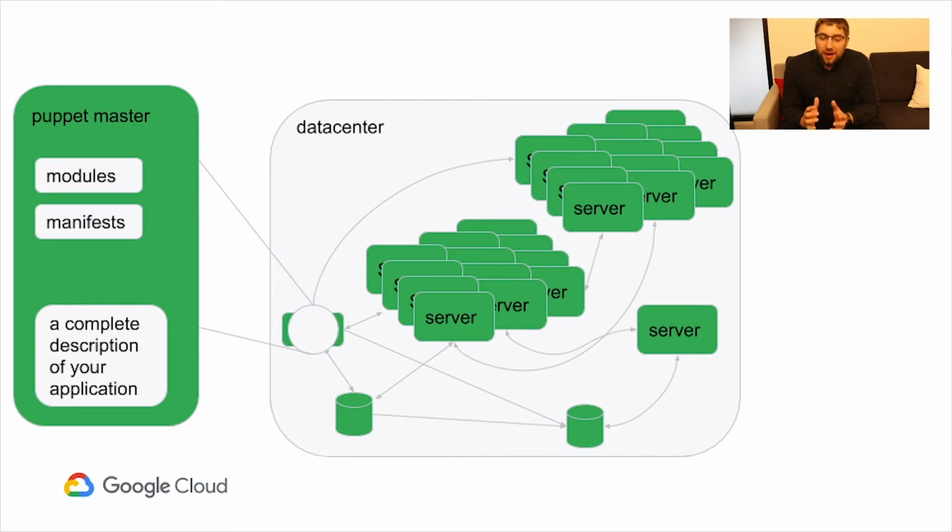They define everything about your application, and they're the result of days, months, or maybe years of effort. The other boxes on the network talk to this machine, the Puppet master, to understand how they should be configured, and then automatically configure themselves based on those manifests.